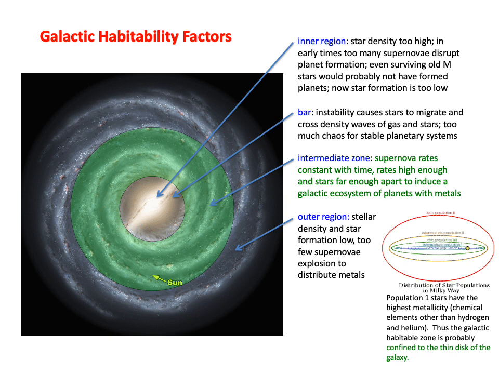Well, along the right-hand side here, I've broken it into the inner region, which has a bar, which Drake didn't know about, the intermediate region, which is where the sun lives, and then the outer region. Basically, the density of stars is very high in the very center, which we call the bulge.